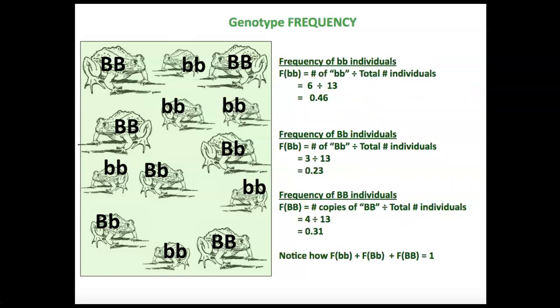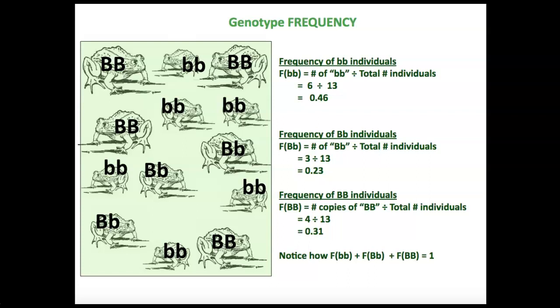The next variables that we can calculate the frequency of are the genotypes. So we can look at the frequencies of the homozygous recessive, heterozygous, and homozygous dominant individuals. In this case, the frequency of the homozygous recessive or little b little b genotypes is going to be 6 divided by the total number of individuals in the population, which is 13.